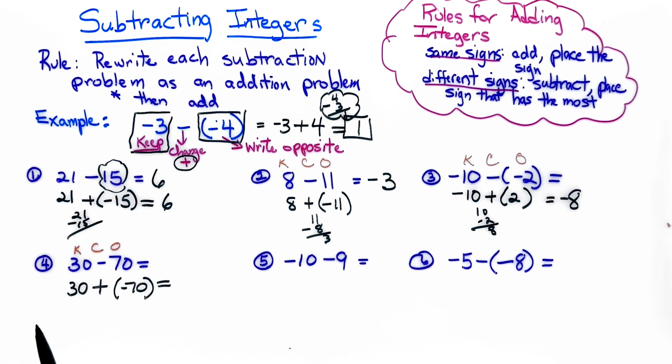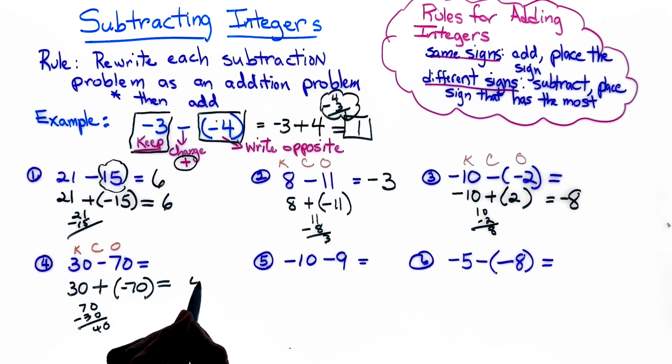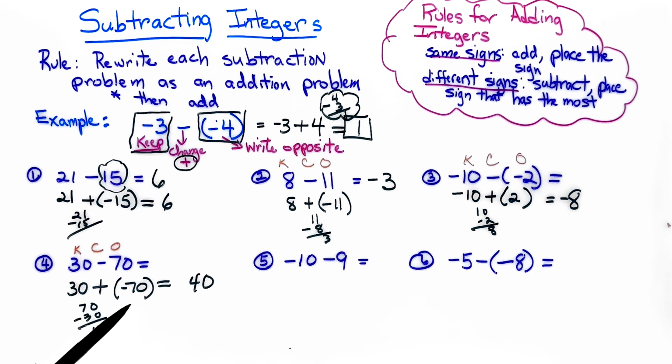And remember, when we subtract, we just take the larger number minus the smaller number without worrying about the signs, and that would give me 70 minus 30 is 40. And now, which do I have more of? I have more negative, so it is a negative 40.